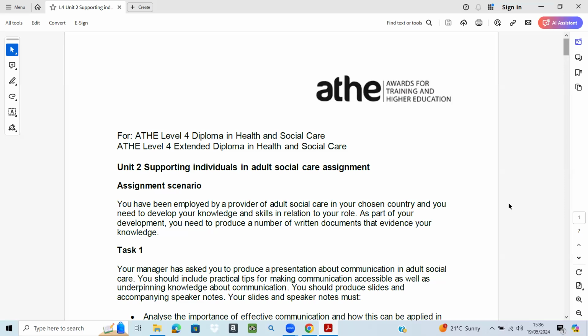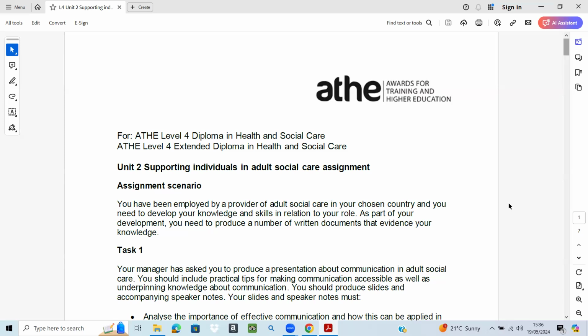Then we discussed the Picture Exchange Communication System, PECS. Visual communication involves using visual aids to enhance understanding. PECS uses pictures to help individuals communicate without speech, by handing over pictures for everyday needs and feelings.